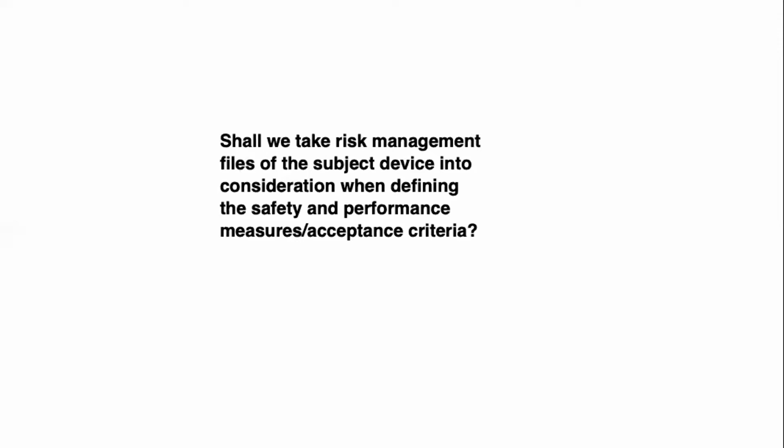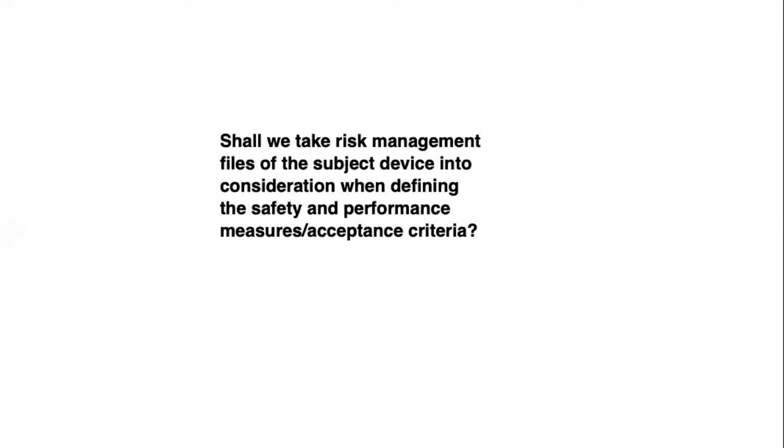Do we take that then into consideration when defining the safety and performance measures and acceptance criteria? I think my earlier question tried to get at that the S&P outcomes are based primarily upon the indication and the data that you're collecting and the data that are found in the clinical literature.